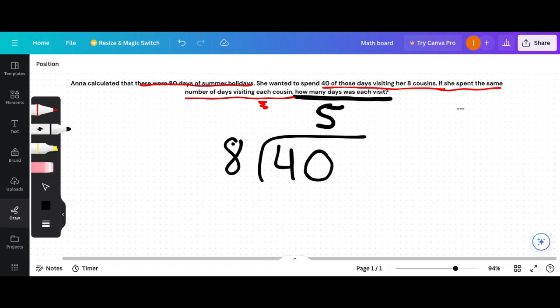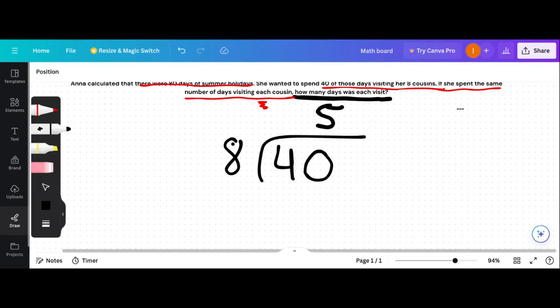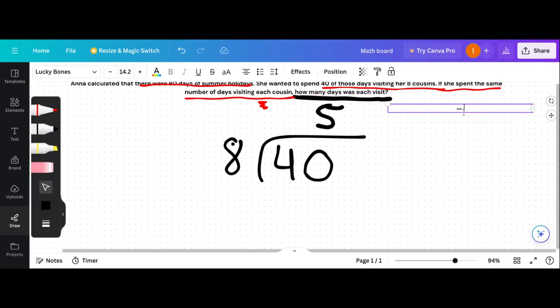So like before, we're going to make an answer sentence. And how we're going to do that is we're going to use our question again, which is how many days was each visit. So this one is very simple.